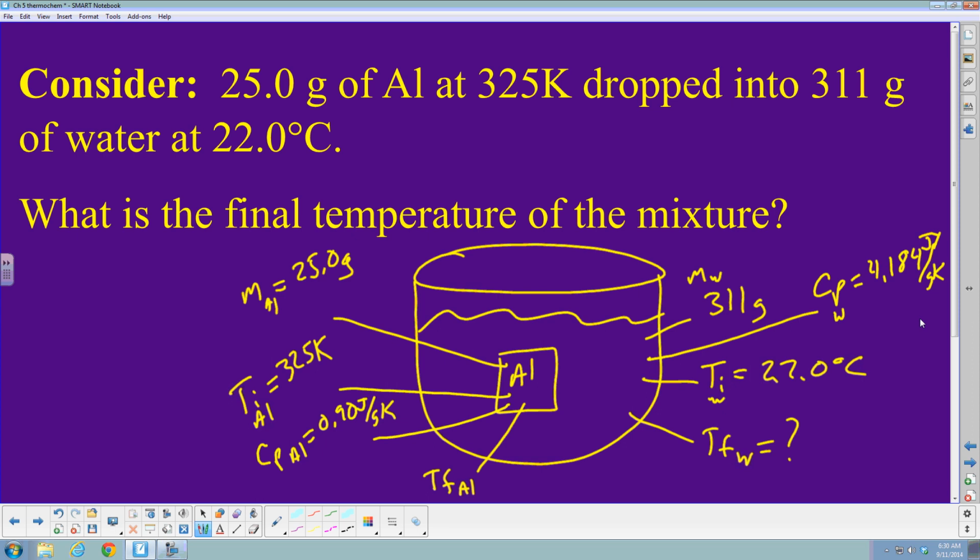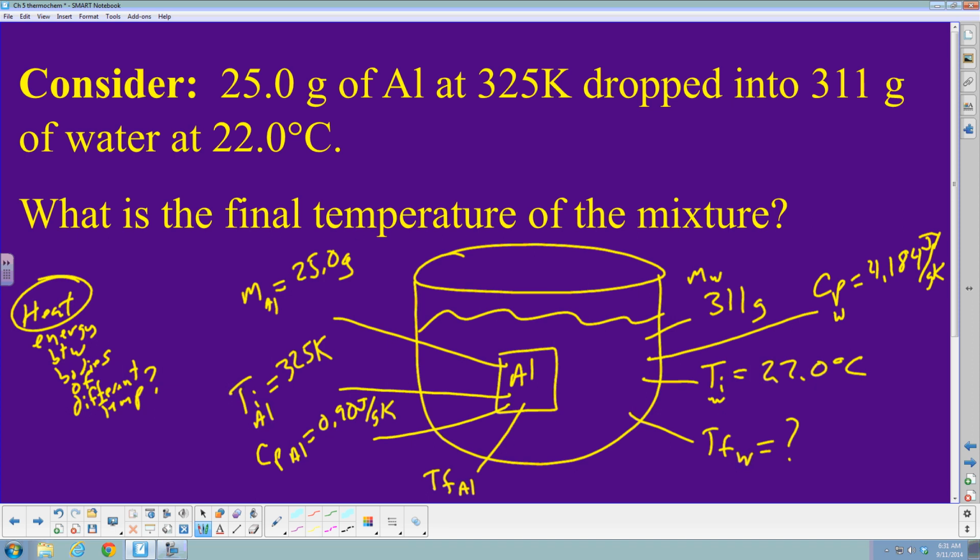When will my heat stop transferring from the aluminum to the water? Well, what do we say? Heat is just the transfer of energy between bodies of different temps. So my question is, when will the heat stop?